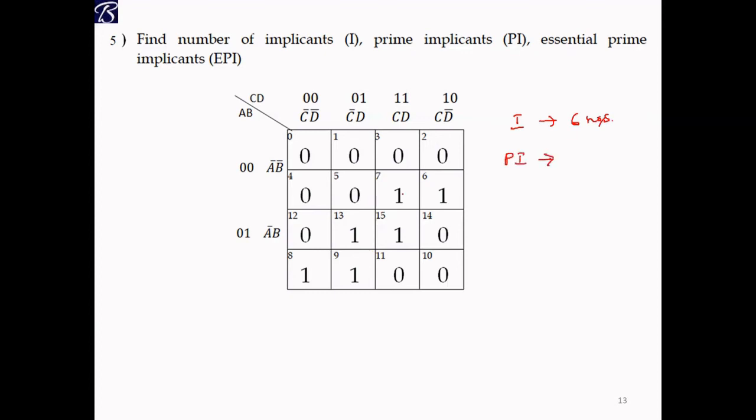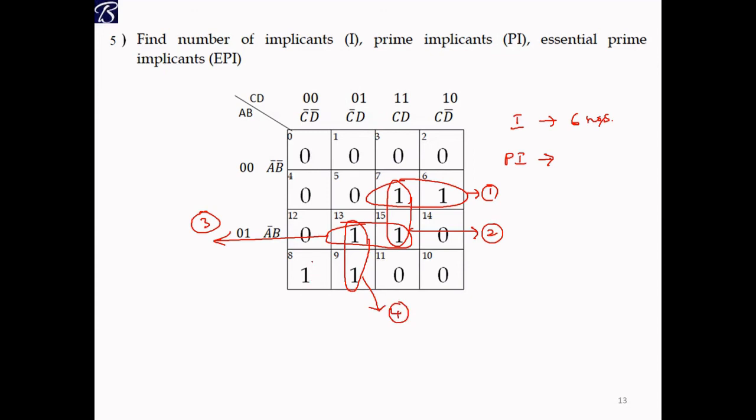If you consider this one, we can group this one. Let us say this is the first one, and we can group this one also; this is the second one. We can group 13, 15; this is the third one. We can group 9 and 13 as a pair; this is the fourth one.